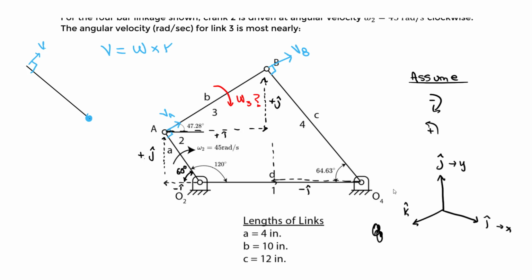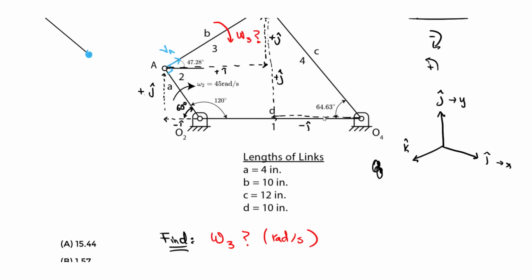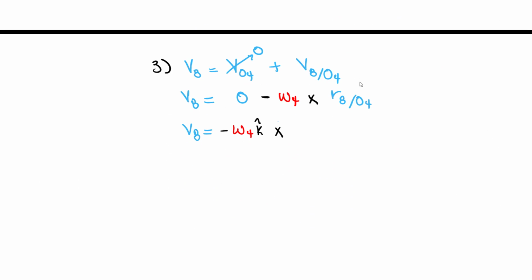Then you go up in the J, all the way up here, so it's positive J hat. And you just take the hypotenuse of 12 inches times cosine of 64.63. So it's negative though. For the J, you take the hypotenuse of 12 inches times sine of 64.63. That's the position vector.